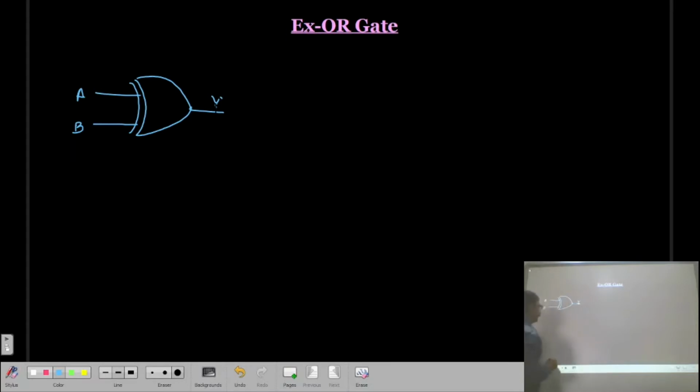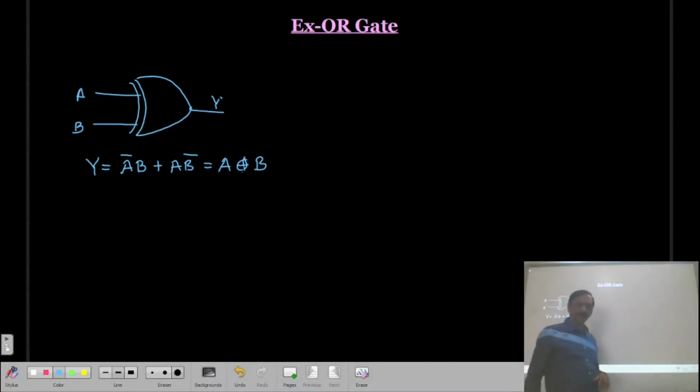The Boolean expression for this exclusive OR gate is written as A bar B plus A B bar, and mathematically you can write this with the symbol. So here we have the exclusive OR operator.